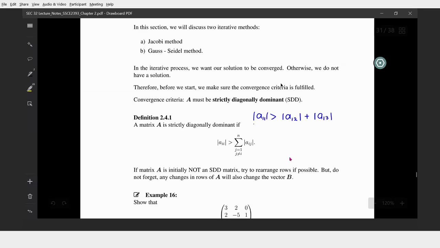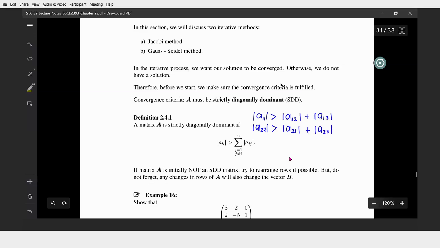For row number 2, the a_ii is going to be a22. It must be greater than the rest of the elements on that row, so we have the absolute of a21 plus a23.